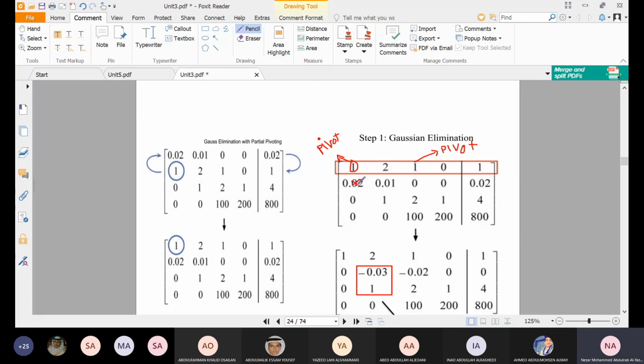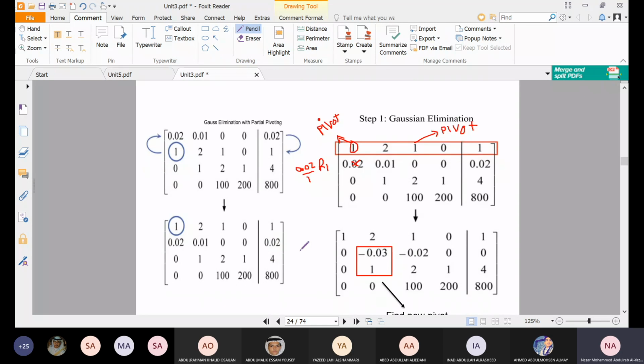That means I take the ratio, this one, 0 or 2 over the pivot element, and I multiply this by row 1, the new row 1. Then I subtract this from the row after that to make this 0.